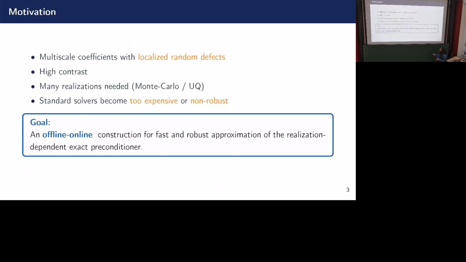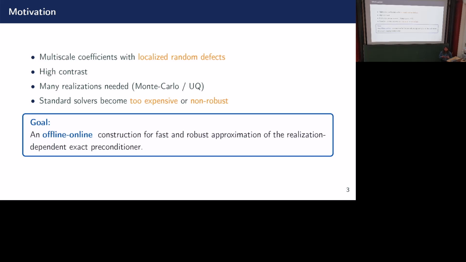Now, we know that many multiscale problems, including this one, are difficult to solve numerically for one reason: the coefficient is ugly. They obviously have multiple scales, are heterogeneous, and often have high contrast. So the discrete system is often ill-conditioned.